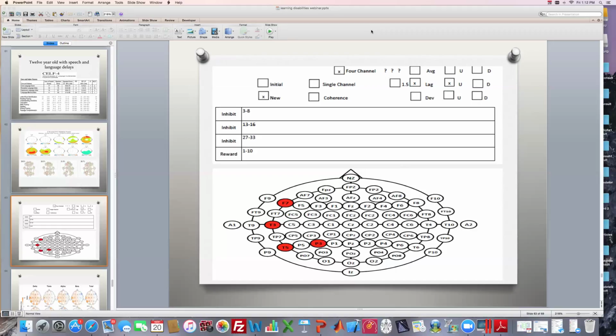When we studied that in a global group of about 170 patients, which was presented at ISNR 2 years ago, there was no significant difference between the three.